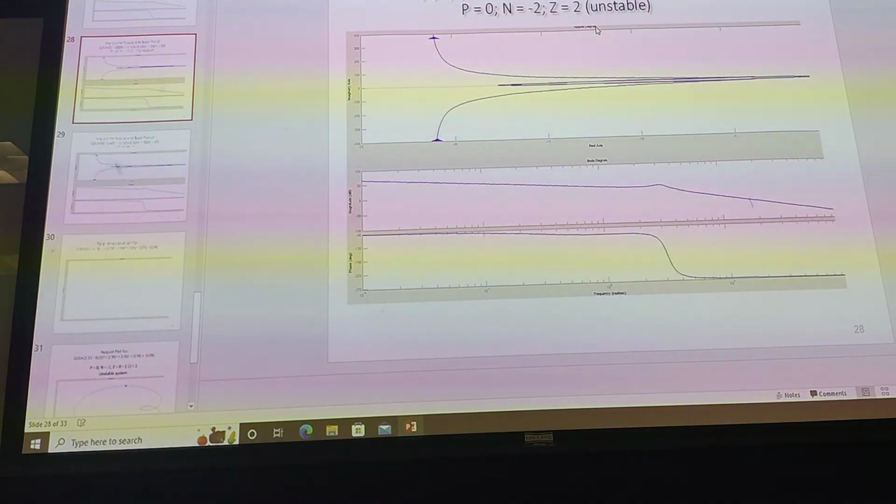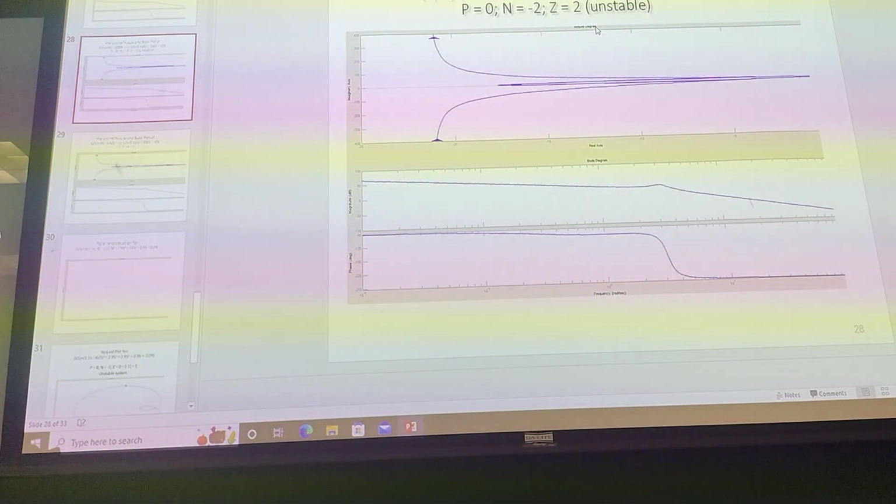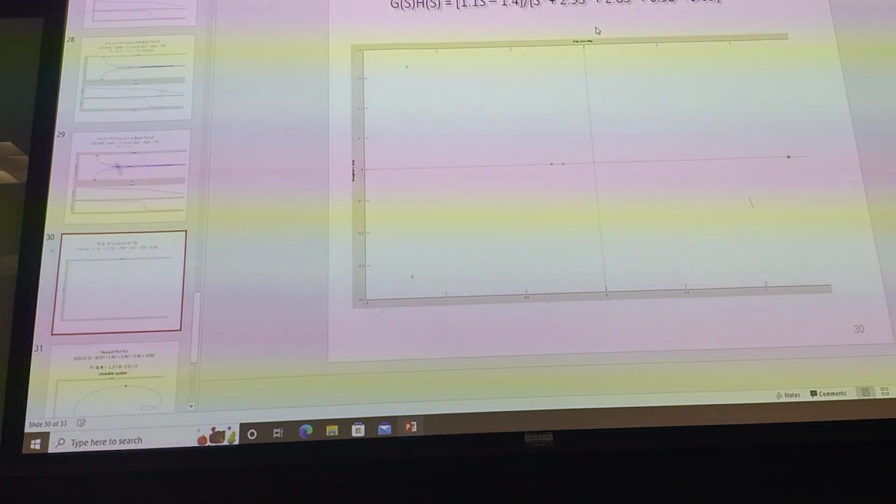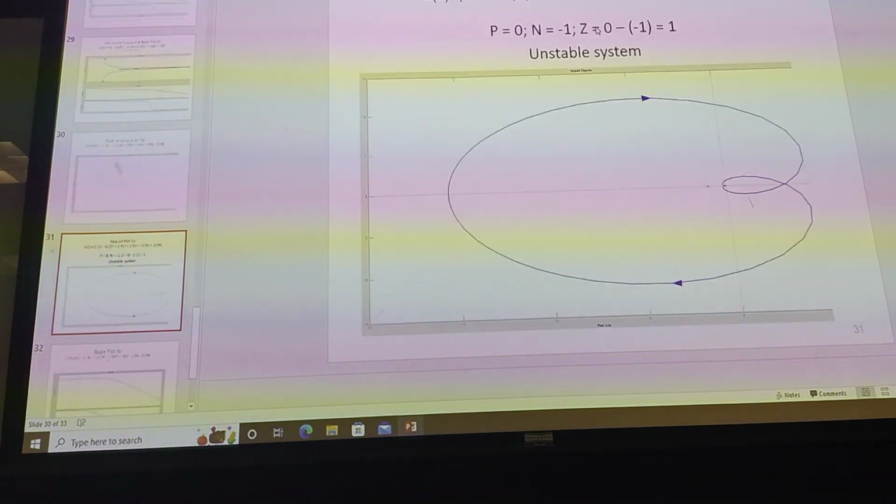So the gain margin is negative and the system is unstable. Four poles on the left half of the plane and 1, 0 on the right half of the plane.